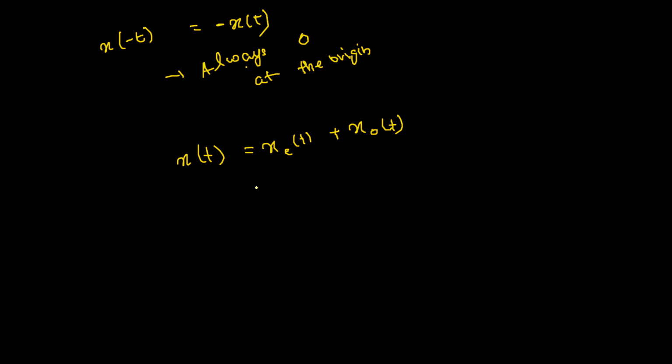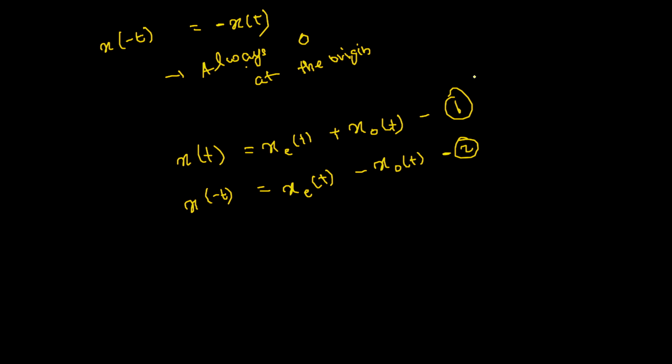So what we need to know is how we can actually do this. Let's say x of t is equal to xe of t plus xo of t. This is my first equation. Now if I take x of minus t, what do I get? The even part still remains, but the odd part becomes minus xo of t. So this is the second equation.